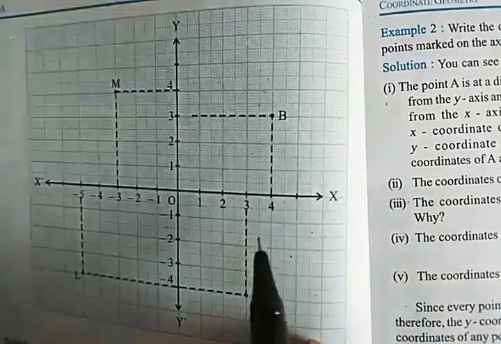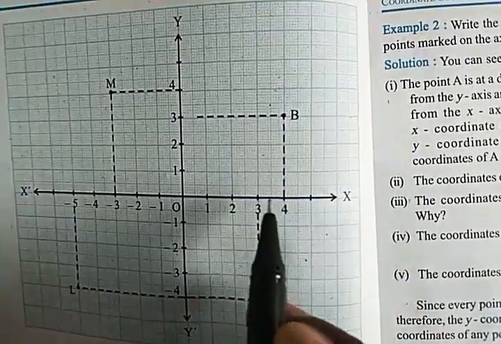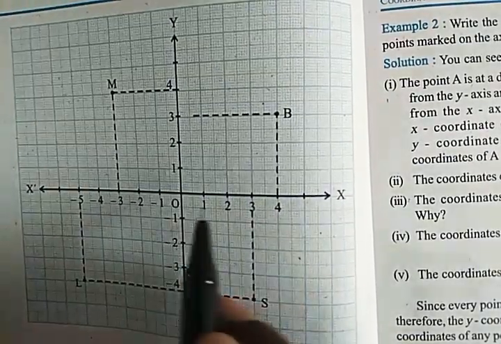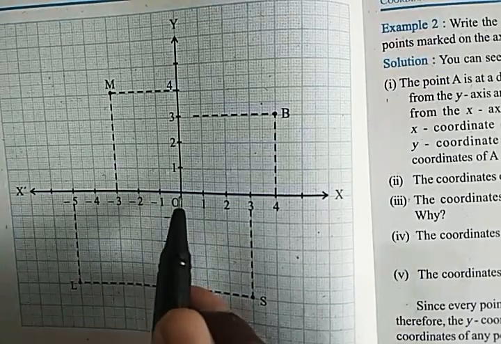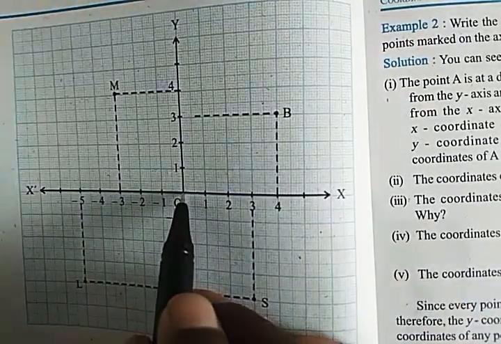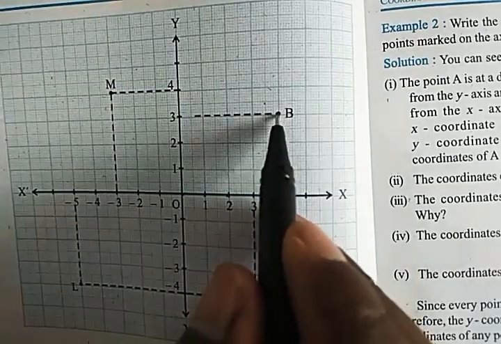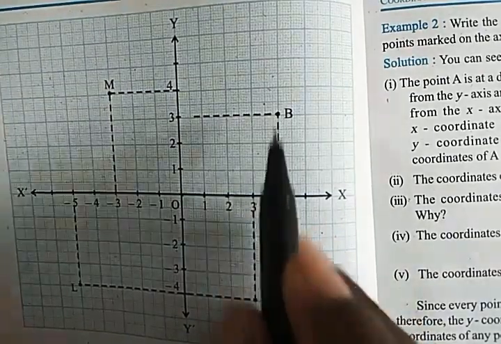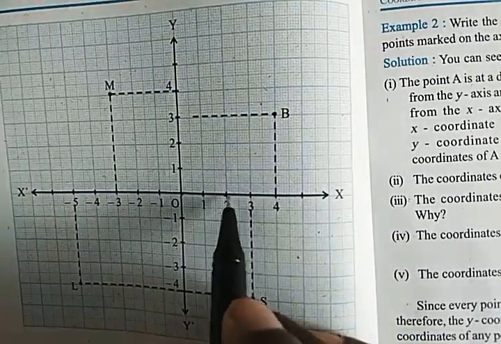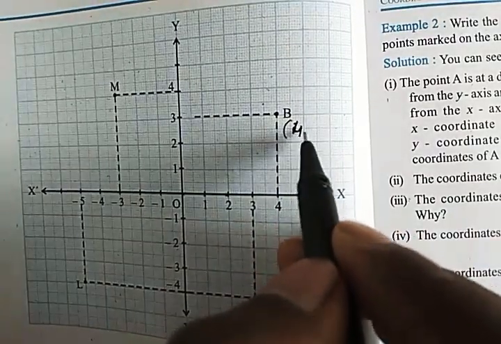Can you tell me the abscissa and ordinate? Abscissa means x value: how many units it is away from the y-axis. For this point, measure from here 1, 2, 3, 4, and draw a perpendicular from the point on both sides. So here it is 0 to 1, 2, 3, 4 units. The x value here is 4 units.